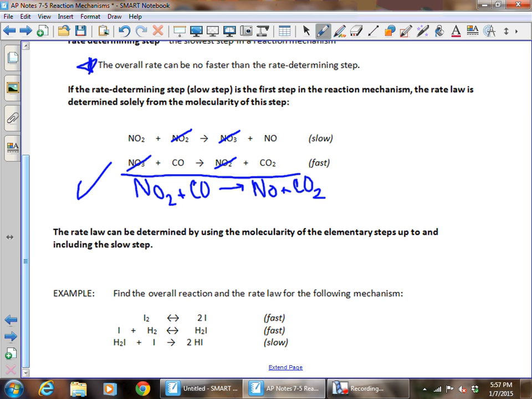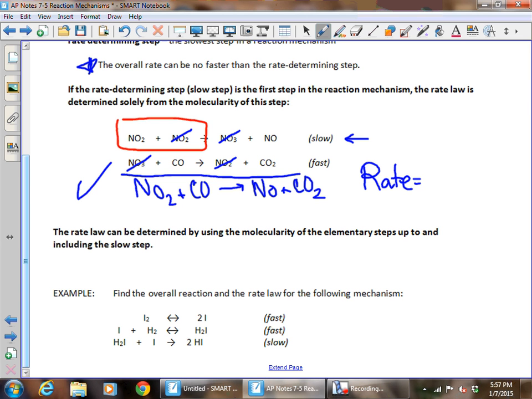Now we've got this first step in our mechanism for this reaction as the slow step. What does that mean? It means that we can use just the reactants of that slow step and determine the rate law by the molecularity.